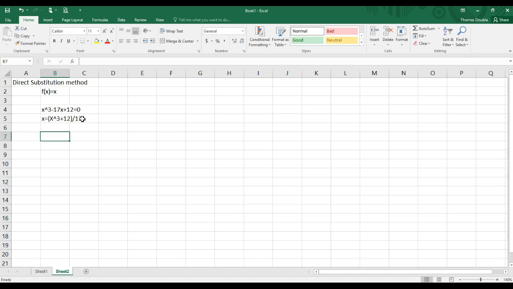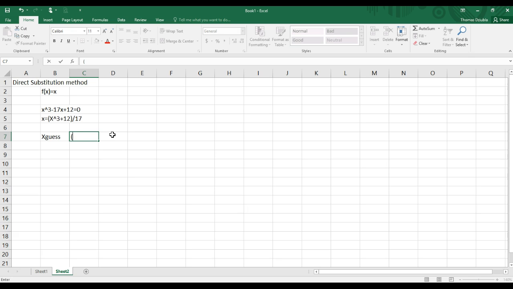Okay, so now we can take this equation here and put a guess value of x into this side, and then it'll output a new x that we can then use to feed back in. So we can create a column of guesses, and we can create a column of results.